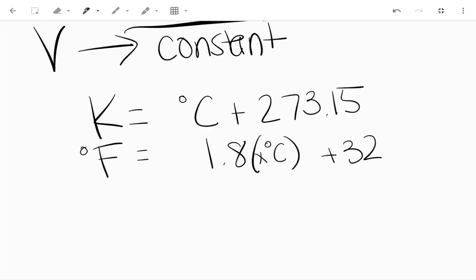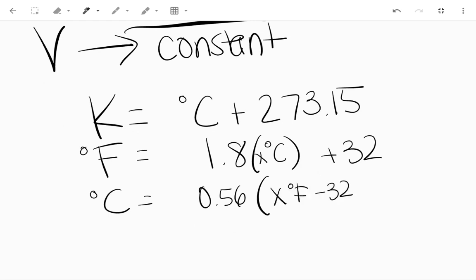Degrees Fahrenheit equals 1.8 times whatever degrees Celsius you have plus 32. And degrees Celsius equals 0.56 times whatever degrees Fahrenheit you had recorded minus 32. So this goes first, and then you multiply it by 0.56, okay?